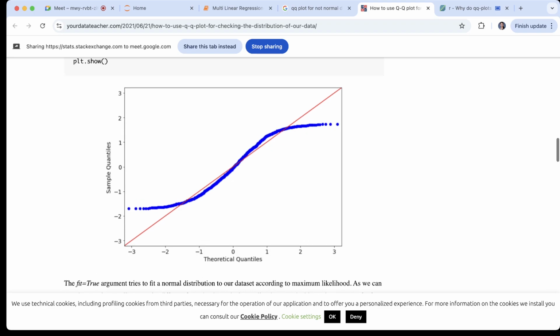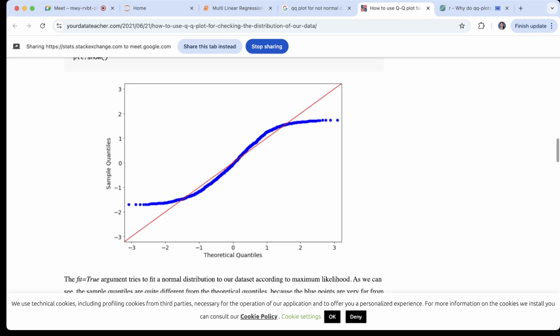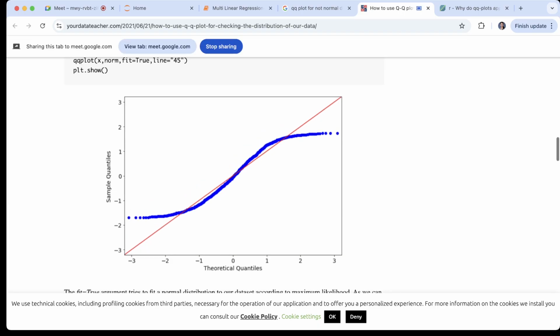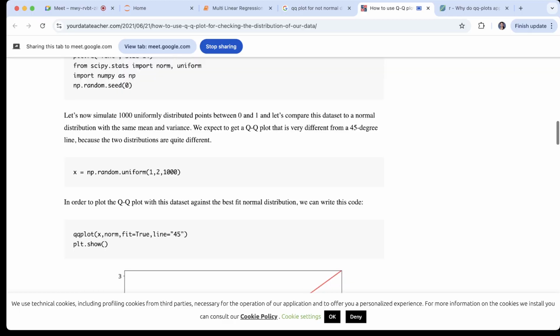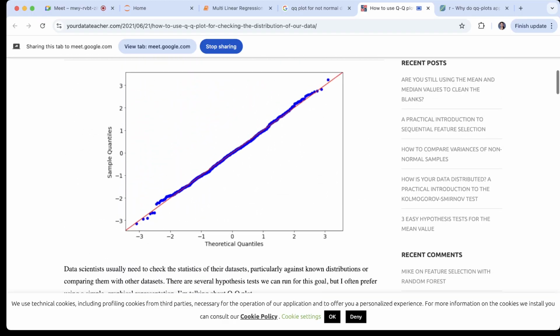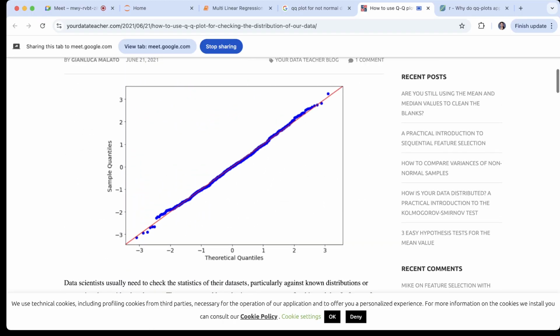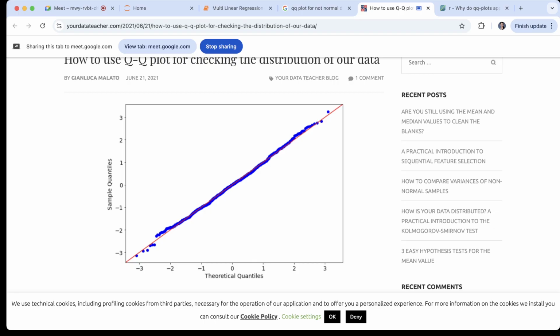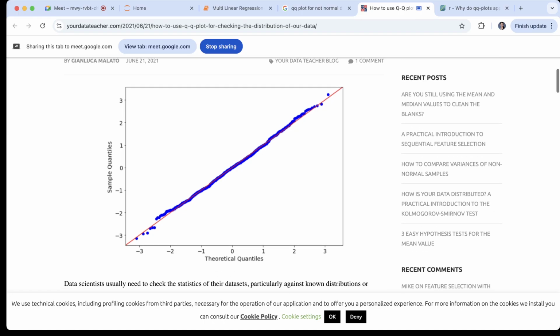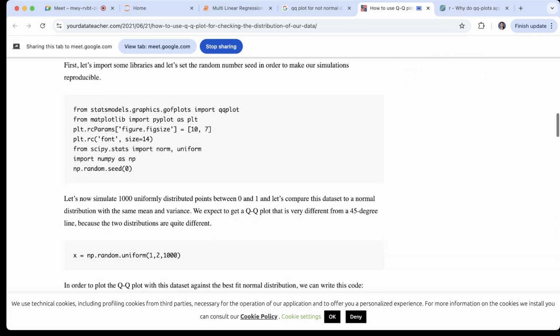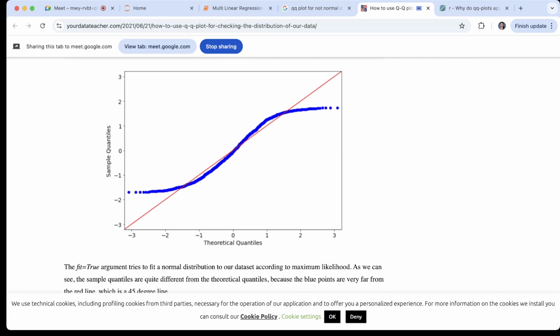Clear? Can you see the screen now? Yes. So if the graph comes out like this, all your quantile values falling on the 45-degree line, then this is the normal distribution. It is coming from the normal.